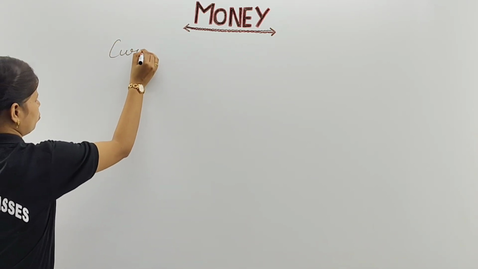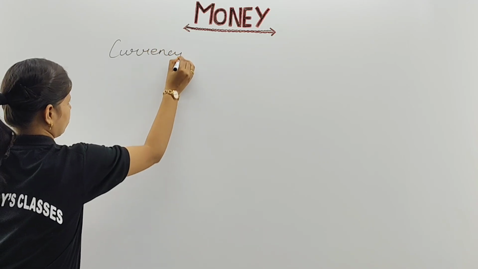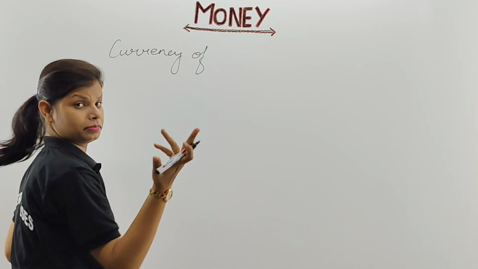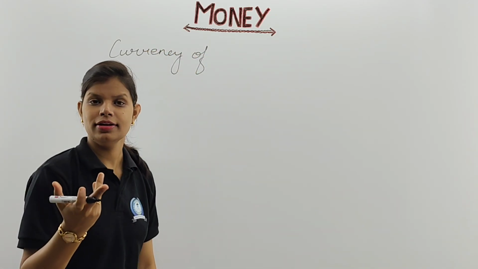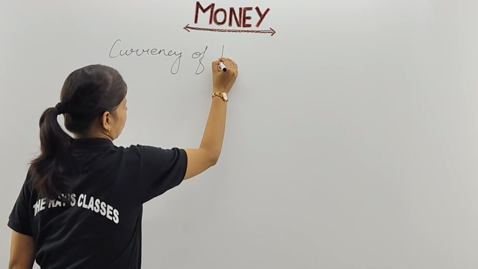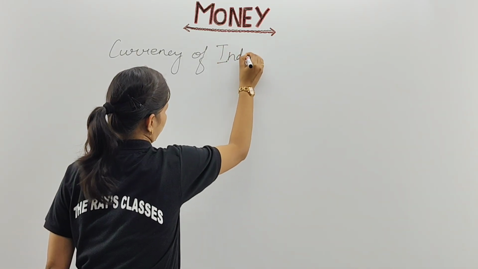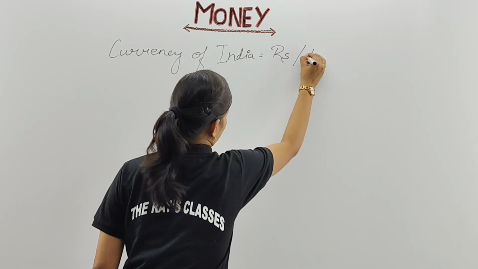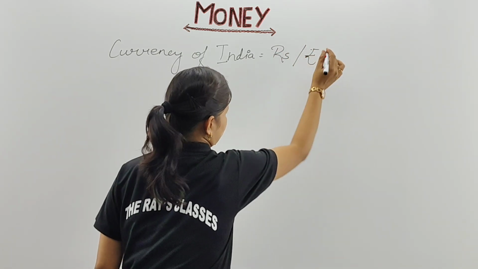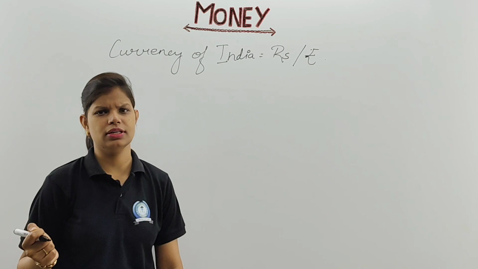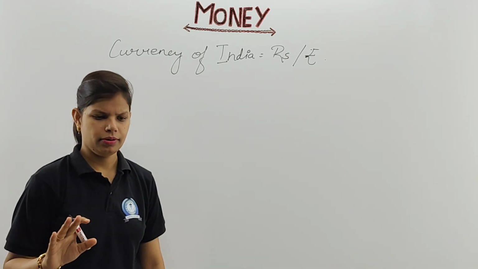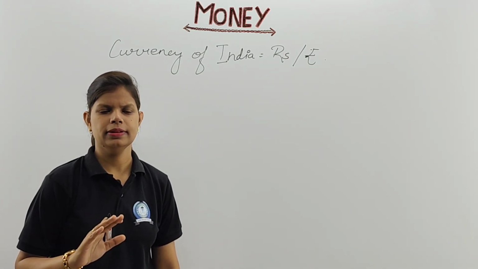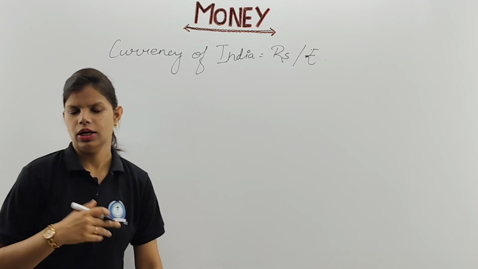If somebody asks you the currency of India, what currency do we have? Okay. We are using the currency as rupees. It's very easy. I am starting from the basics. Understood, children? It's better for you to go with this. Got my point? Now next.